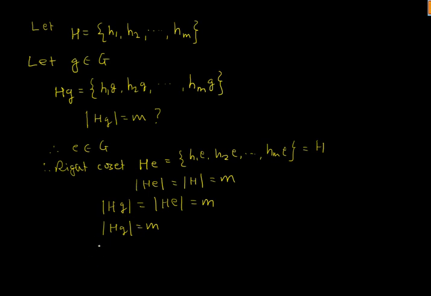Right. So if I'm thinking that since the order of G is equal to n, by taking one element at a time from G, I'm constructing n distinct cosets.